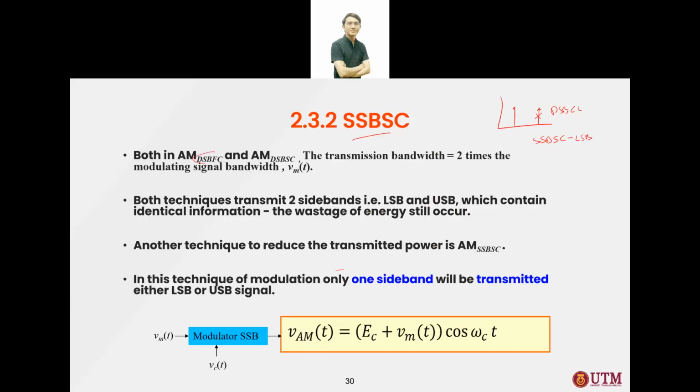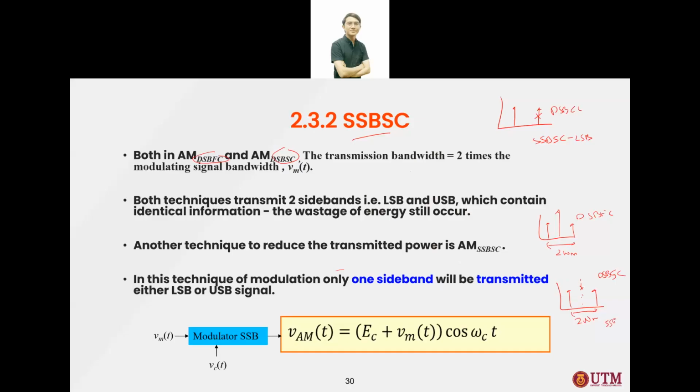Both double sideband full carrier and double sideband suppressed carrier have a bandwidth twice that of single sideband. In the case of double sideband full carrier, even though we have the carrier and the sidebands, the bandwidth is still 2 omega m. And with double sideband suppressed carrier, we still have 2 omega m, even though the carrier is removed, because it still requires a bandwidth of 2 omega m.